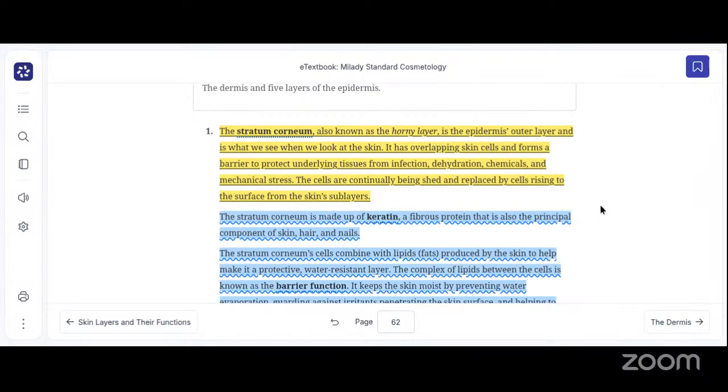Okay. The corneum is made up of keratin. Keratin is a protein.